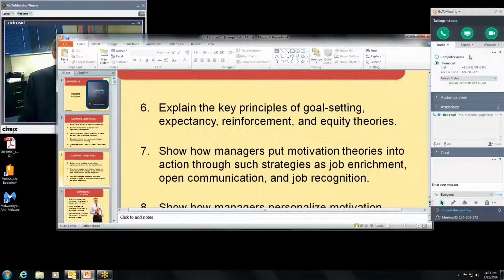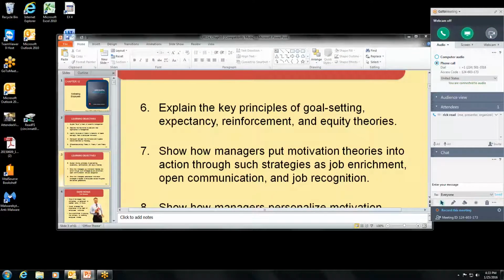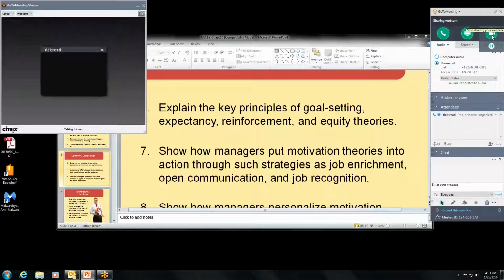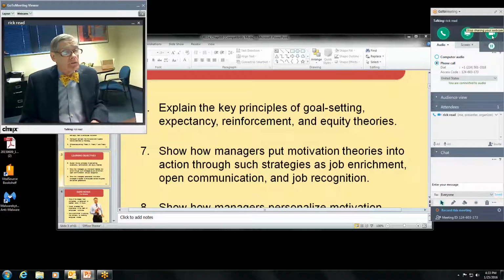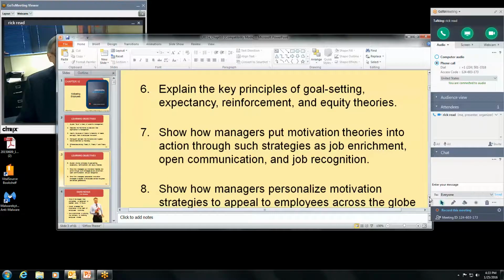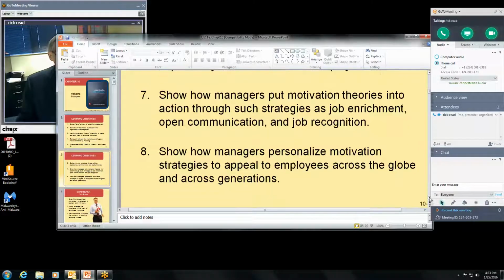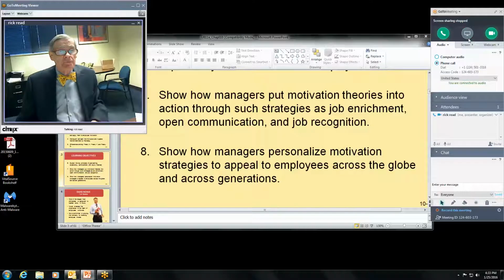Explain the key principles of goal setting, expectancy, reinforcement, and equity theories. Show how managers put motivation theories into action through such strategies as job enrichment, open communication, and job recognition. And then finally, show how managers personalize motivation strategies to appeal to employees across the globe and across generations.